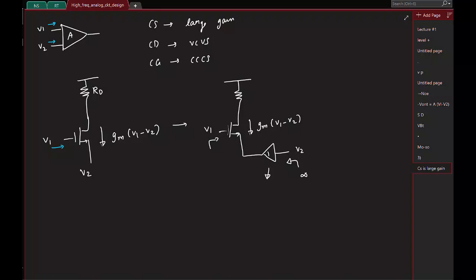So what I'll do, I'll replace this guy. So first let me draw V1. Fine. So instead of this buffer here, I'll replace this buffer with a source follower or common drain. So I'll apply the voltage at the gate, take the output at the source and connect it. Okay.